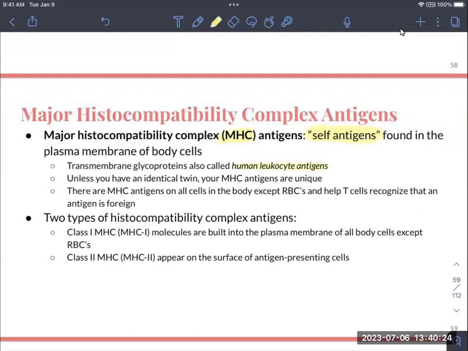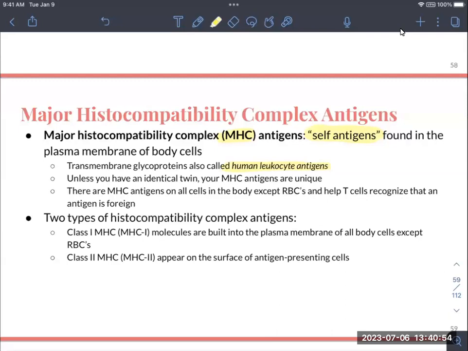These are human leukocyte antigens. So unless you're an identical twin, your major histocompatibility complex antigens are unique to just you. Twins are the only ones that will have identical ones. Every cell in our body is going to have MHC antigens except red blood cells.